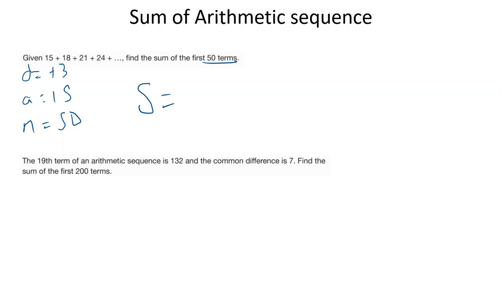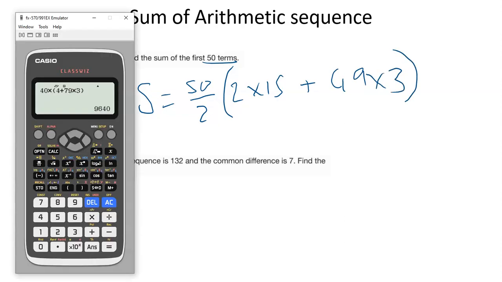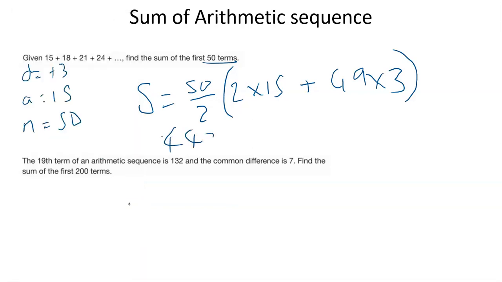So the sum is N, 50 over 2, times the bracket, 2 times A, which is 15, plus N minus 1, which is 49, times D, which is 3, and I'm just going to reach for the calculator, 25 times bracket 30 plus 49 times 3, and our survey says 4425 is the sum. It's straightforward and easy as that.